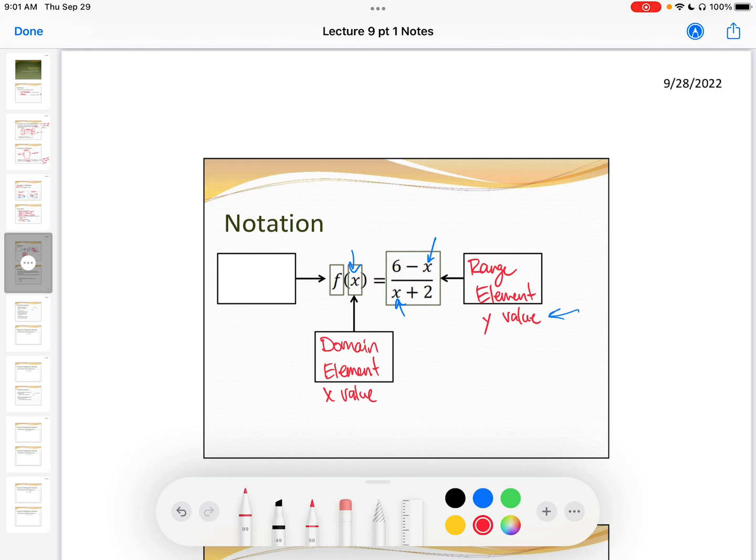And then this f is the function. This is the name of the function. And that f tells you which function you're looking at. We're looking at the function f. If it's area, it might be a of x, so that's your area function, or your volume function, v of x. It just tells you what function you are looking at. Next video, we will look at how we find the domain of these different types of functions.